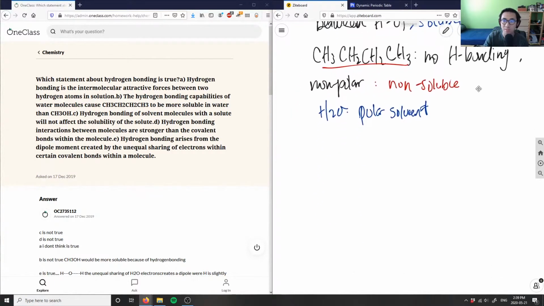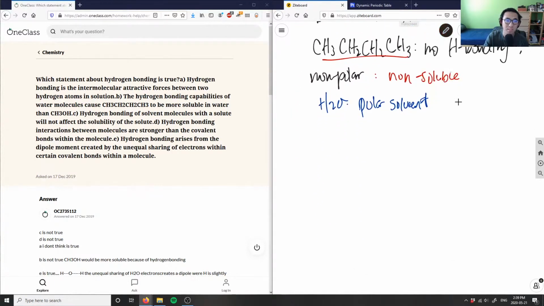I'm looking for the true statements here. C is asking: hydrogen bonding of solvent molecules with a solute will not affect the solubility of the solute. Let me say that again. H bonding of solvent molecules with a solute will not affect the solubility of the solute. Well, it does, right?